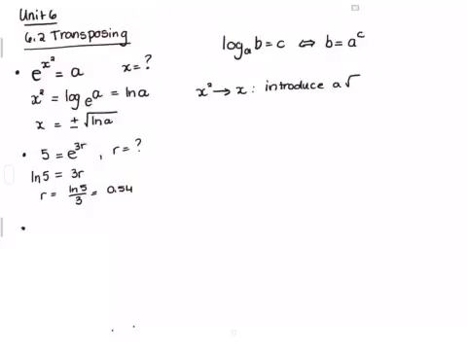Right, let's do another one. Log, and it could be any base. Let's just make it a 5. Log base 5 of y equals log base 5 of k plus log base 5 of x to the n.